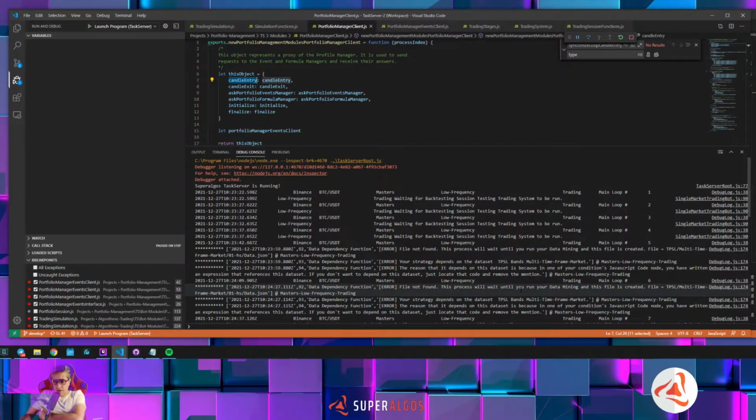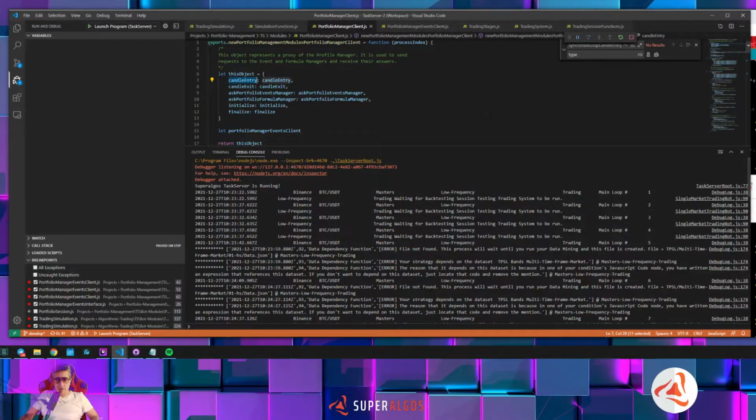And the reason is that we are using a data mine that I don't have. But I didn't even really run this bot, the trading bot.